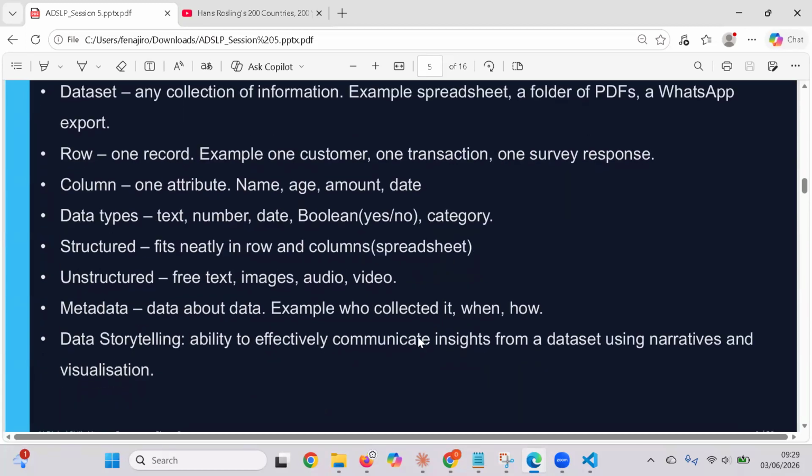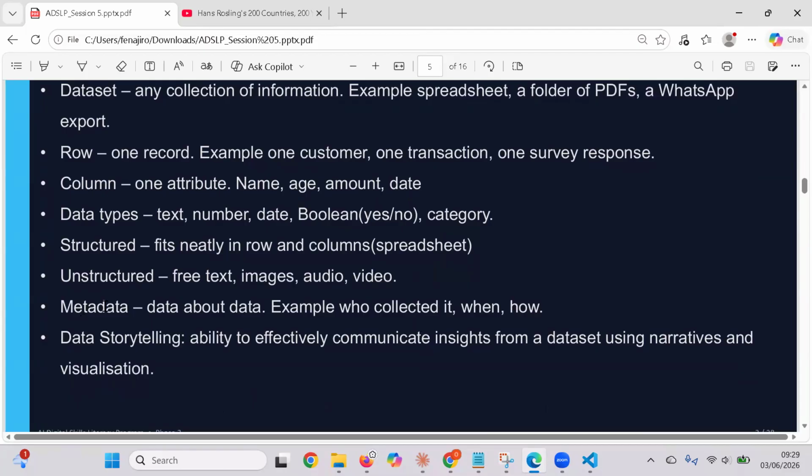Then that brings us to what we call metadata, which is data about data. When you take a picture, image is a data set.